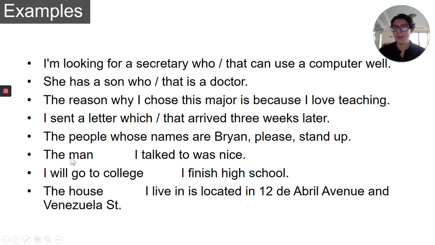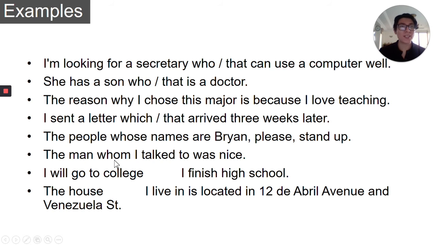Excellent. The man whom I talked to was nice. The man, person, therefore, whom. So remember, another important thing here is the word to. The to can help you understand what pronoun goes here. Why?